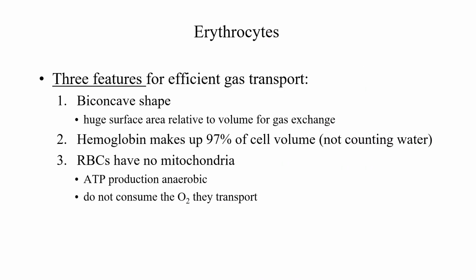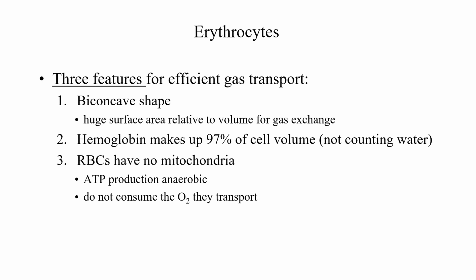Now, some of the features that make erythrocytes efficient for gas transport: the biconcave shape gives it a huge surface area relative to the volume for gas exchange. Hemoglobin makes up about 97% of the cell's volume, not including water, so the majority of the red blood cell is saturated with hemoglobin molecules that can bind to oxygen to increase the efficiency of the transport of that blood gas.